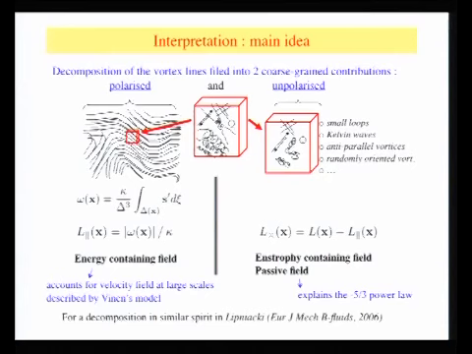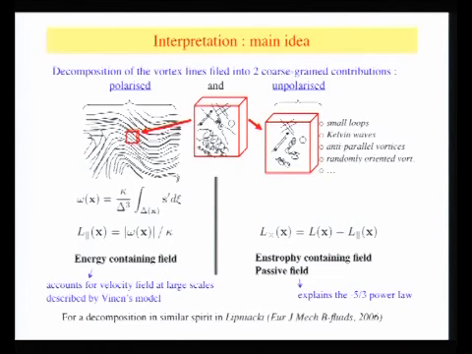So the idea was to say, if you think of a vortex tangle and look at it locally, you can identify some structures like loops, anti-parallel vortices, randomly oriented vortices, which generate a very small velocity field far away from them.